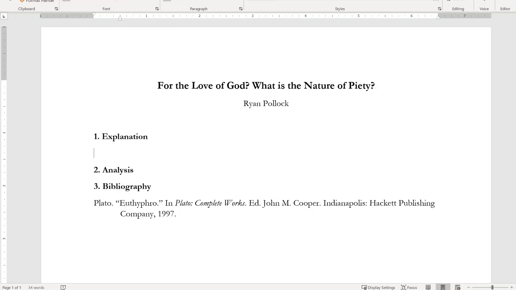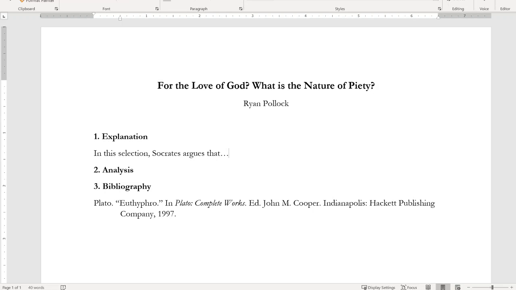But somewhere you would want to say something like, "In this selection, Socrates, or whoever the author is, argues that," and then fill in the blank. One of the things you want to make clear to your reader from the very outset is, here is the conclusion that the author or the philosopher is arguing for. Here's what they're trying to show is true.